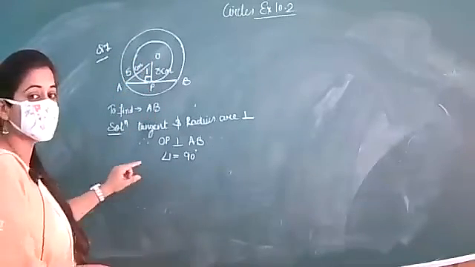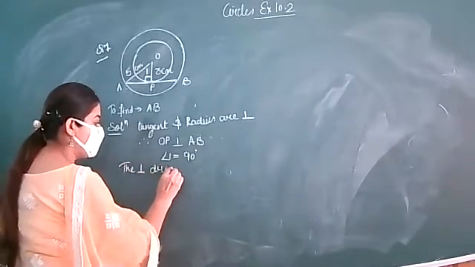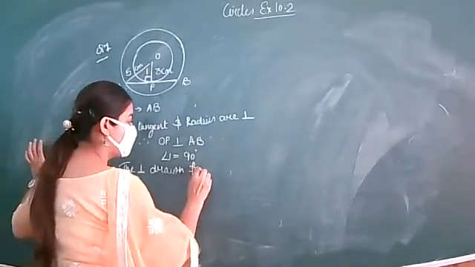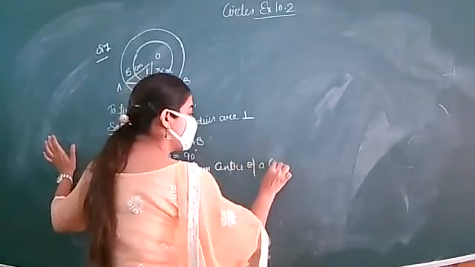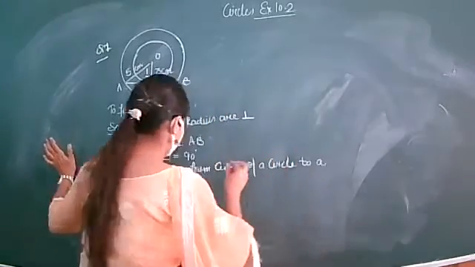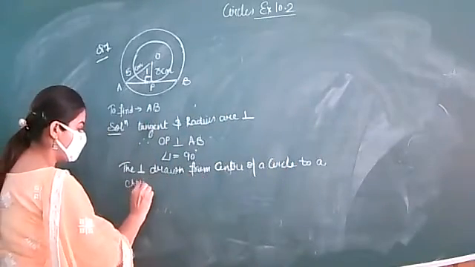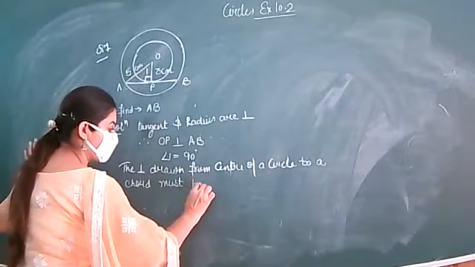So I'm writing the next result. The perpendicular drawn from the center of a circle to a chord must bisect the chord.